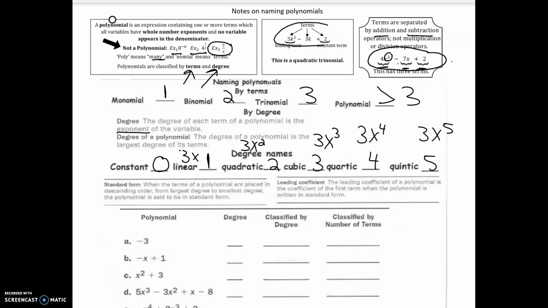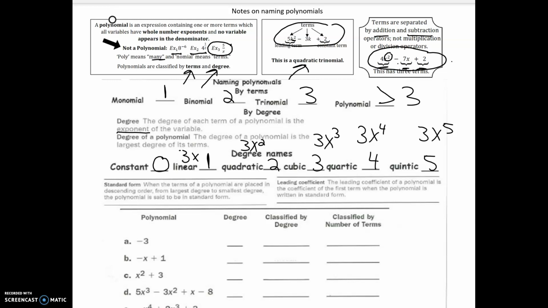Here's another example of a quadratic. Again, that is because the highest exponent is 2. Trinomial, those 3 terms. The leading coefficient in that example is 5. 2 would be a constant. And you'll notice this is in standard form because it goes from the highest to the lowest.